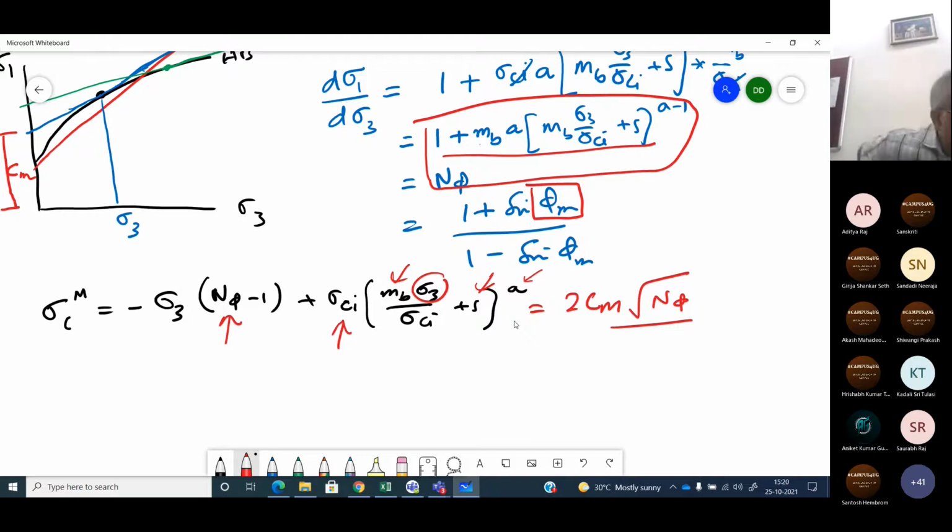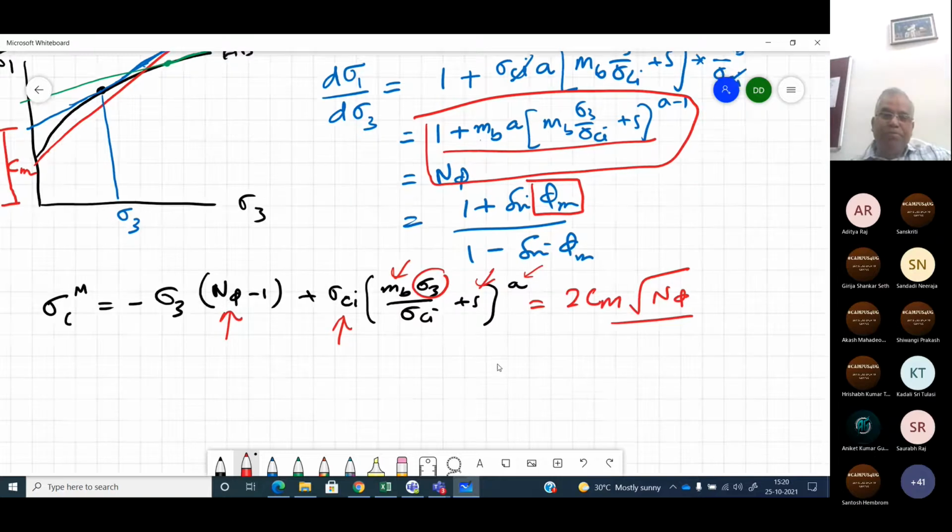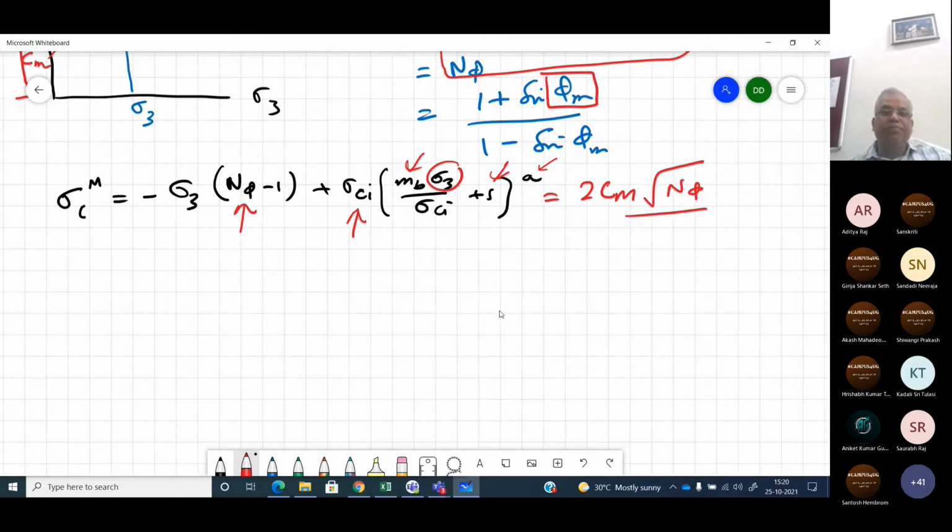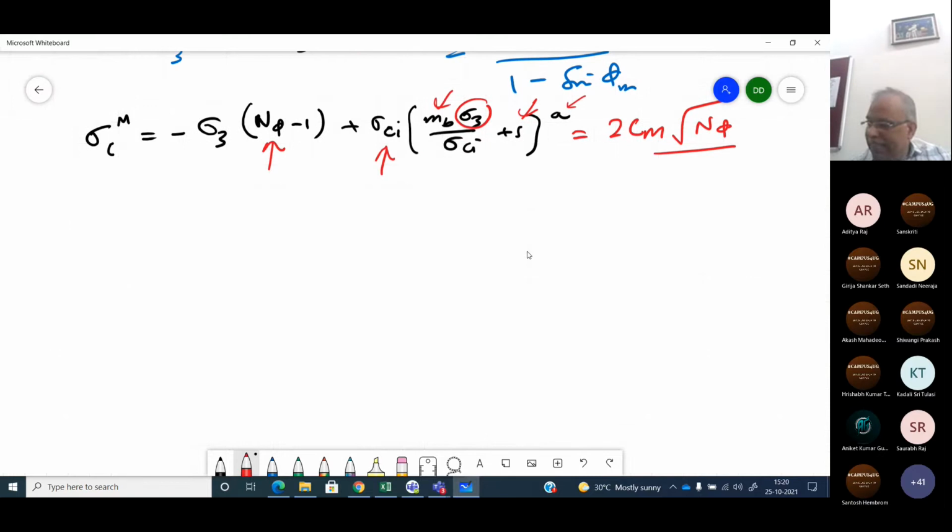Now on page 253, there is another method given, and this is one of the correct ways we do it, and it is given by Hoek only. You can see the book for the formula. It is a pretty big formula. I'm not going to write it.